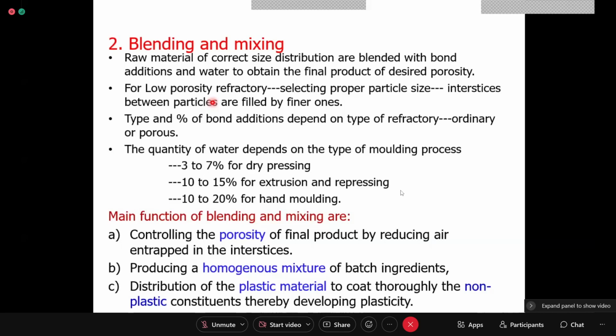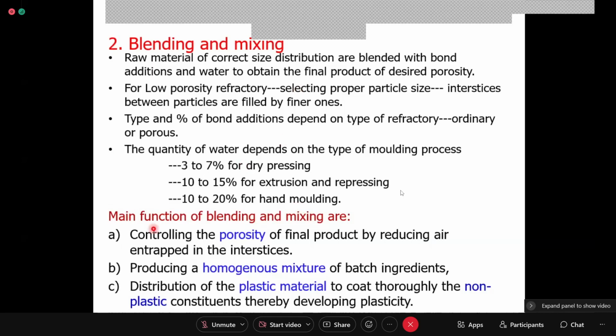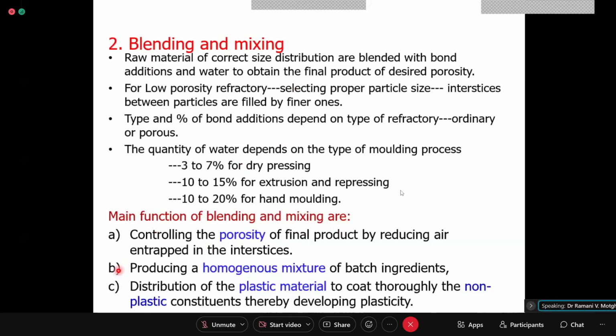Ma'am, you are not audible. Okay, so we saw main function of blending and mixing are.